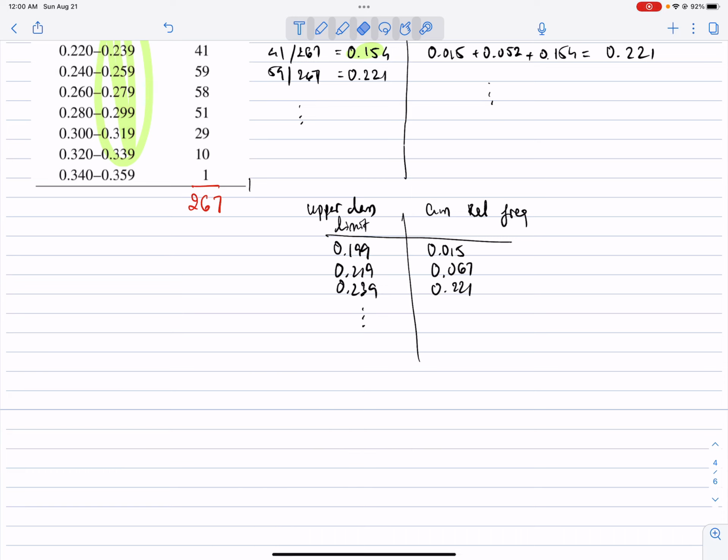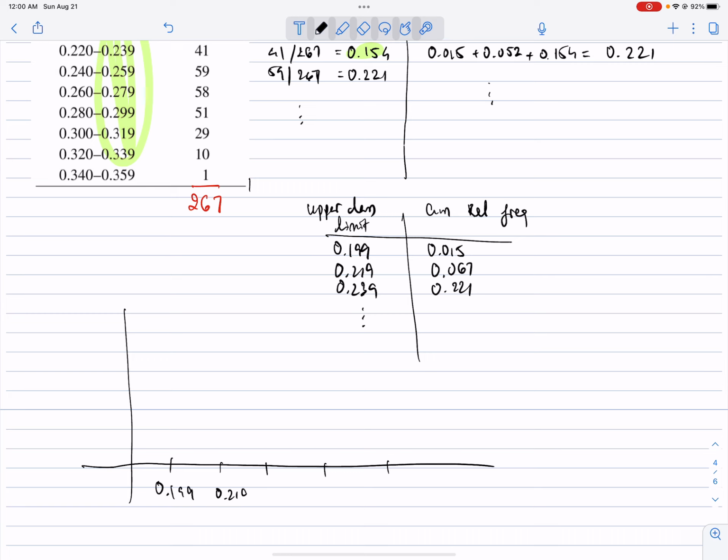Okay, then we can make the graph, label the upper class limits 0, 0.199, 0.219, 0.239. The cumulative frequency right here is 1, the maximum.